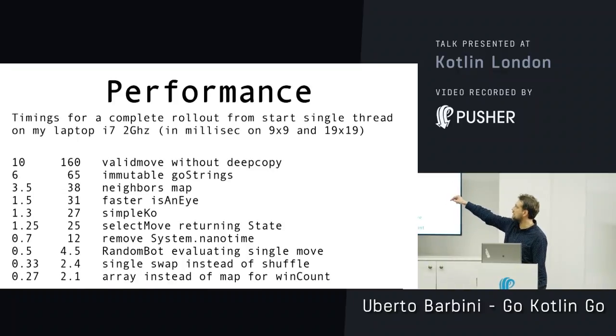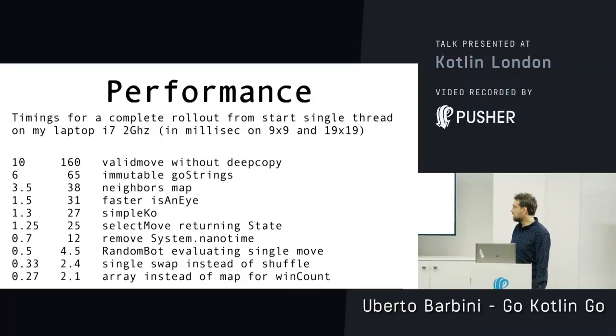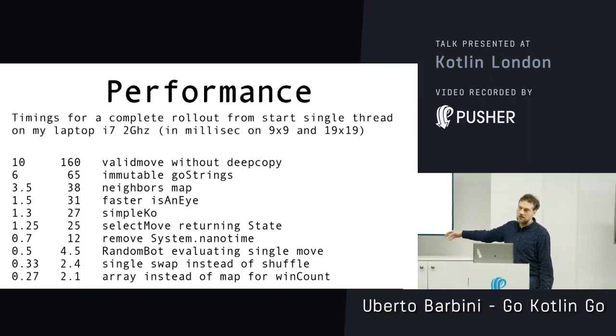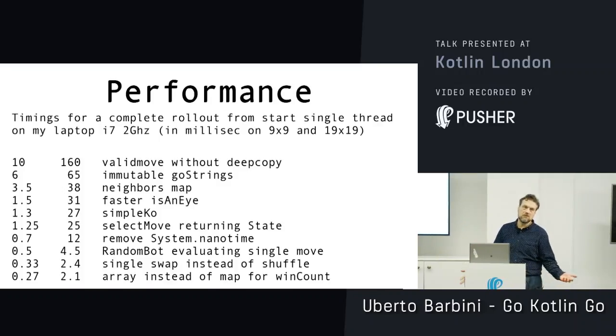The first column is on the 9 by 9 board, the second column 19 by 19, with time in milliseconds to do a single rollout. And you have to think that you need at least 10,000 rollouts to make something work. The beginning was taking 10 milliseconds on the small board, so that would be more than 1 minute just to have a decent play.